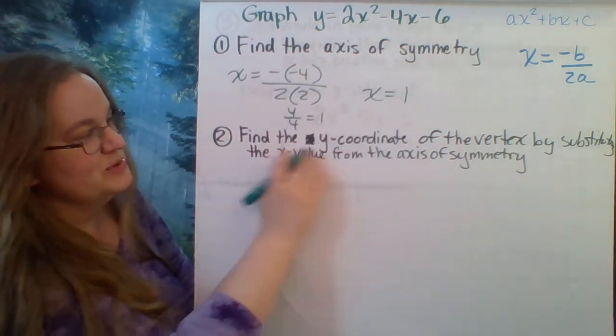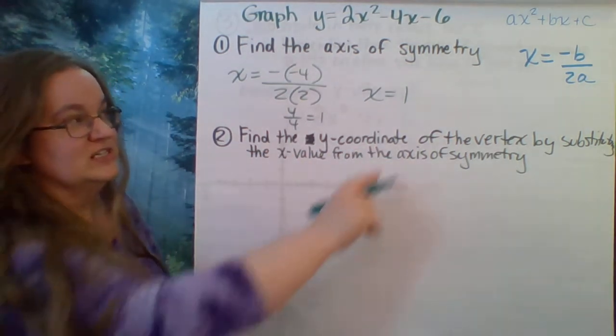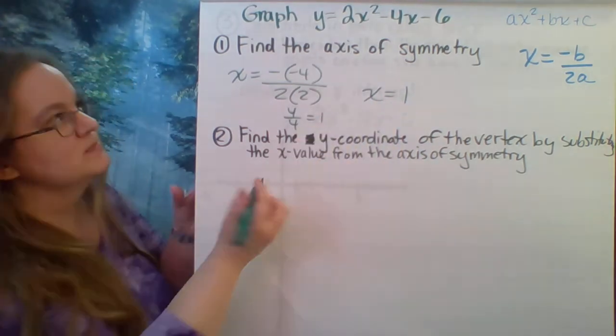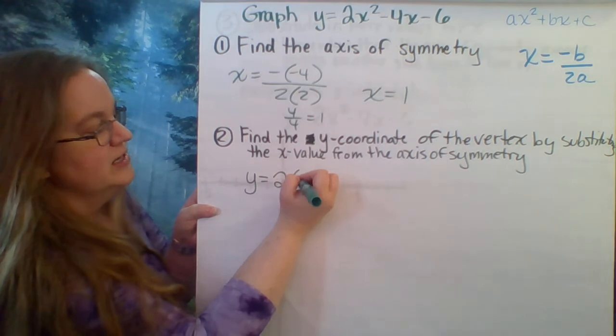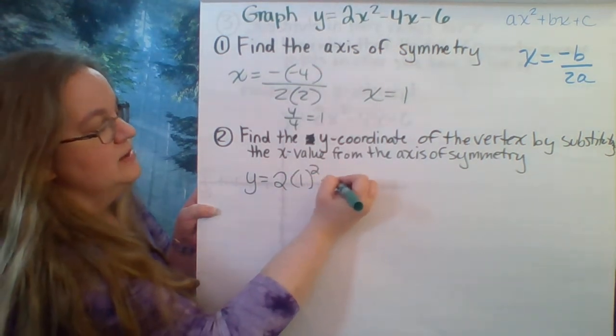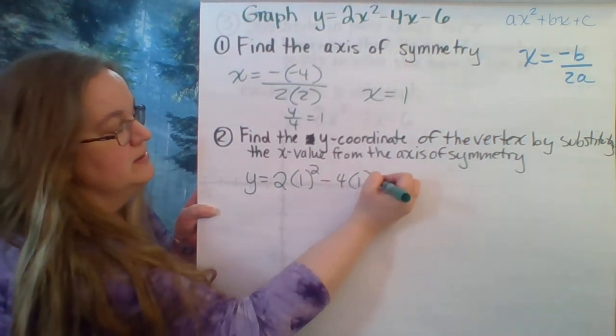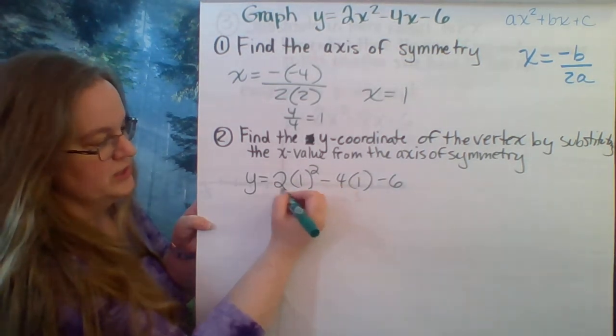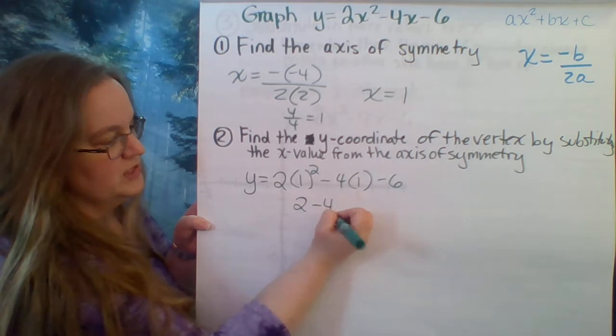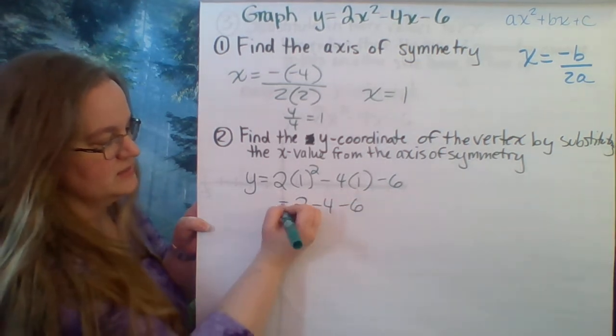Now we're going to find the y-coordinate of the vertex by substituting this in for x. So I'm going to take y = 2 times 1 squared, minus 4 times 1, minus 6. 1 squared is 1, times 2 is 2. 4 times 1, minus 6.